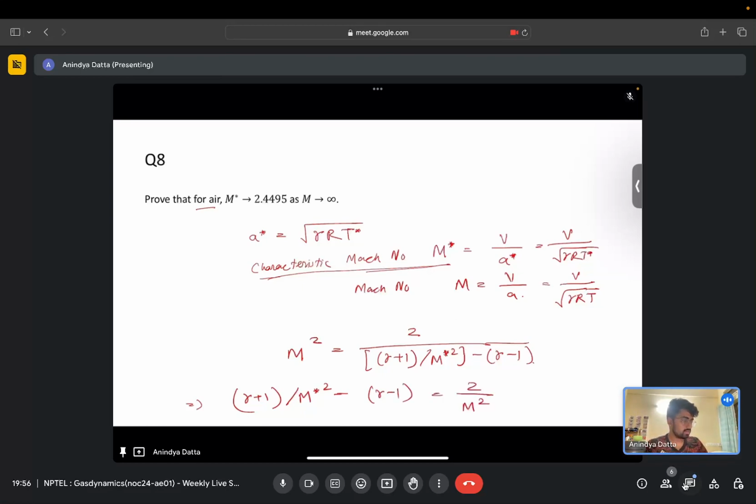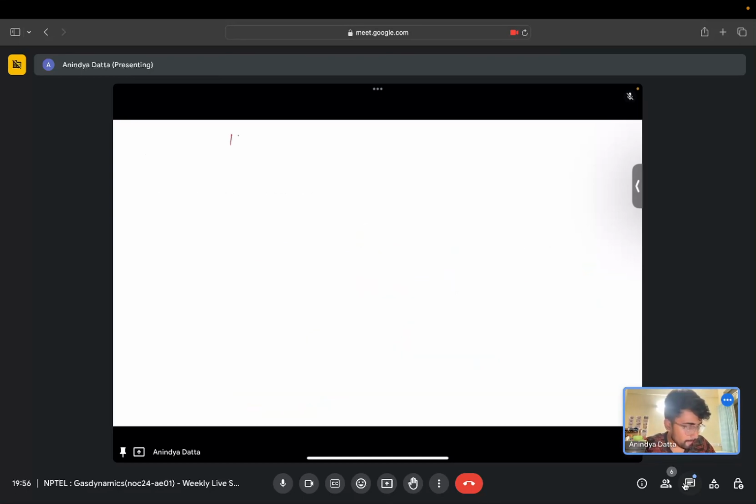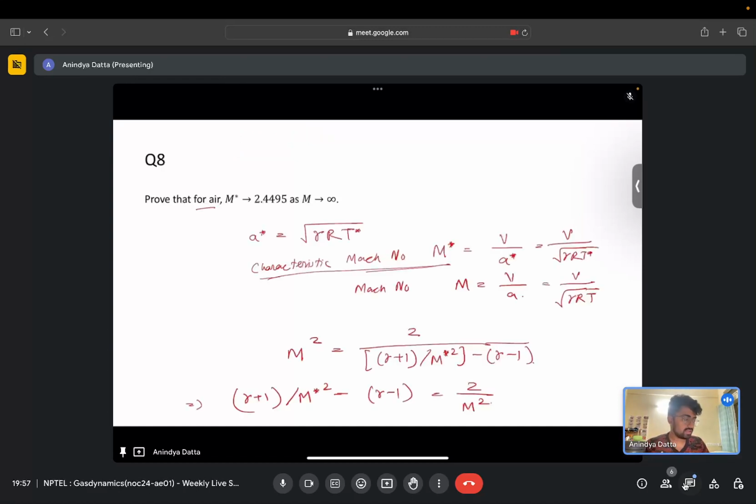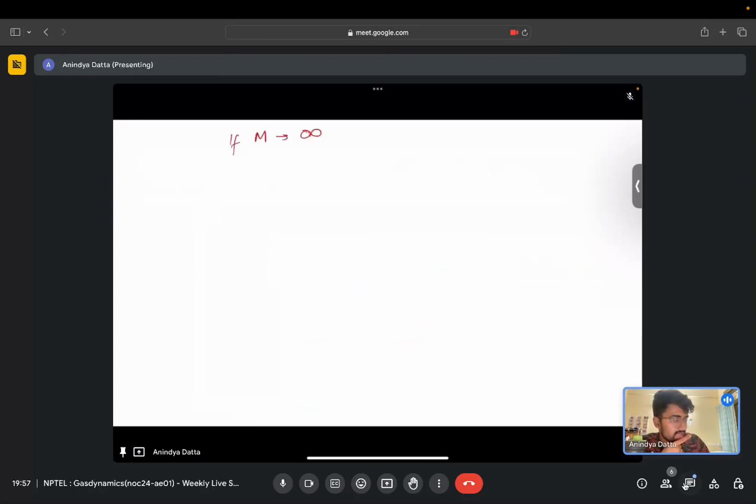Now if Mach number tends to infinity, what will happen? On the right hand side we have 2 divided by Mach number squared, which means the right hand side will be 0.